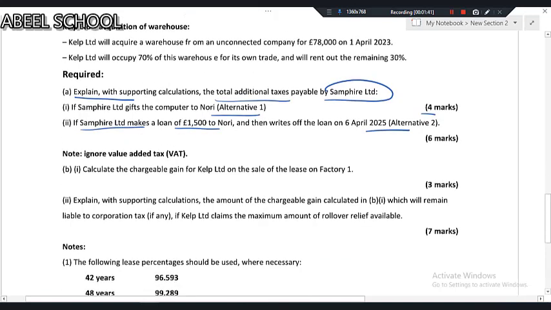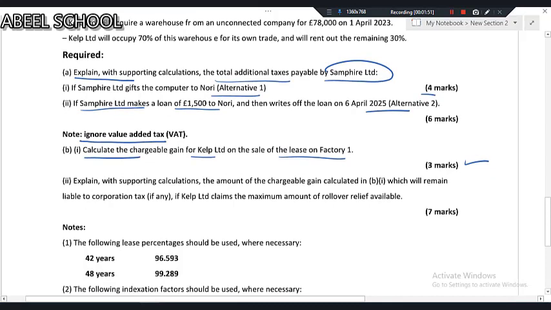Okay. Then they are saying, ignore VAT, calculate the chargeable gain for Kelp Limited on the sale of the lease on factory 1, 3 marks. Point 2. Explain with supporting calculations the amount of chargeable gains calculated in B1 which will remain liable to corporation tax, if any, if Kelp Limited claims the maximum amount of rollover relief available, 7 marks.